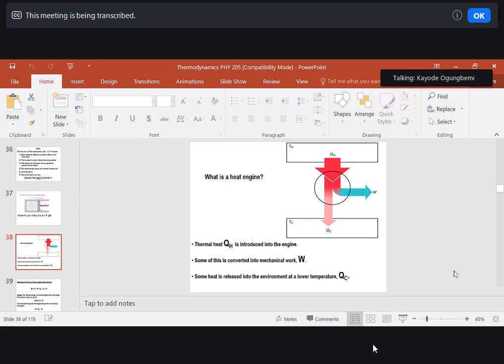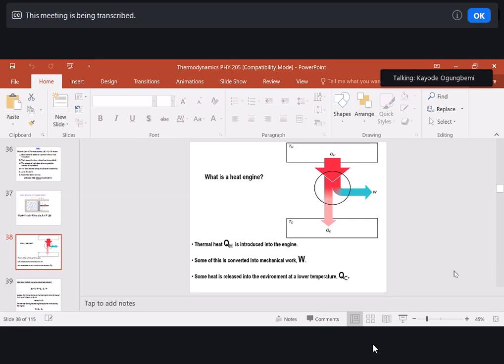Q represents heat, T represents temperature. If the heat is high, the temperature will be high. Low heat, low temperature. Cold heat, cold temperature.